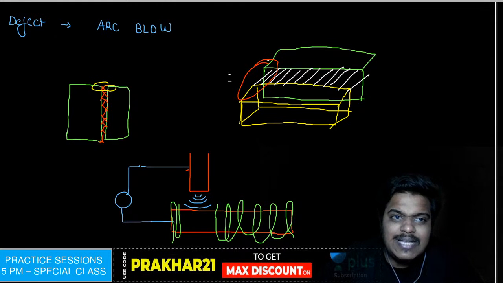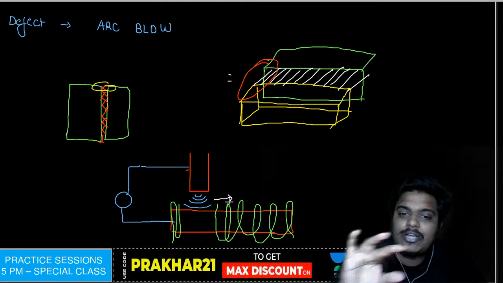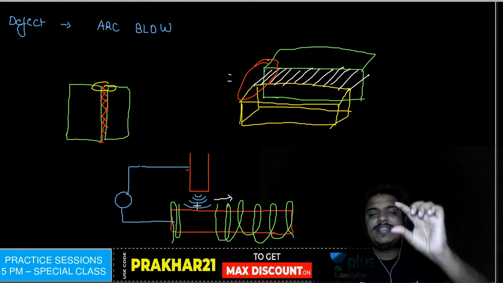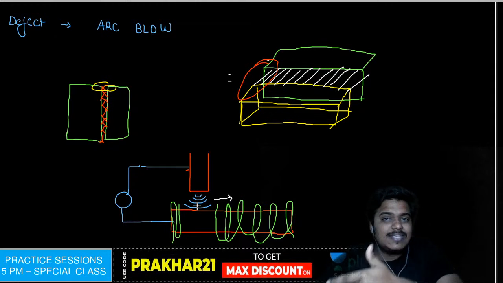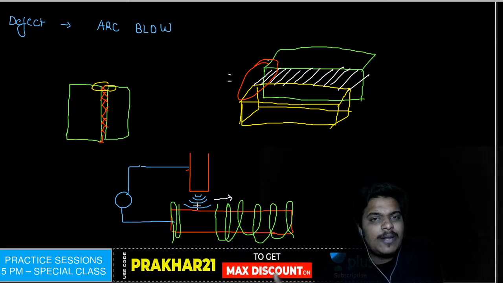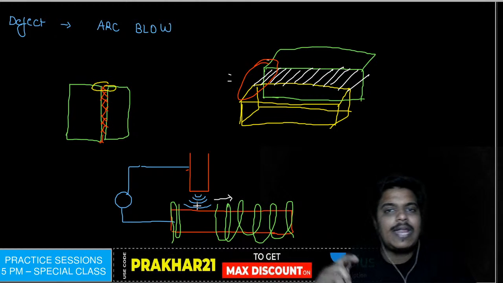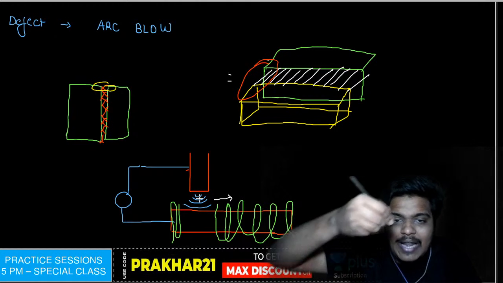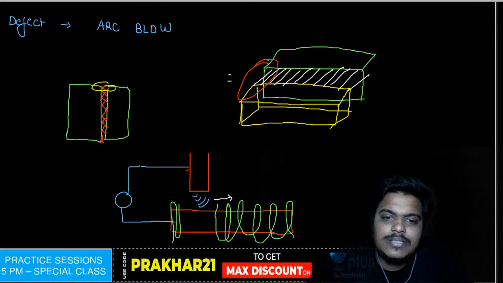Now, since the arc is charged, it will try to bend towards the right, because more of the workpiece is on the right hand side. The length of the workpiece is more on the right hand side, and that is why the strength of the magnetism is more on the right hand side. So the arc will try to bend like this, and the actual arc looks like this.